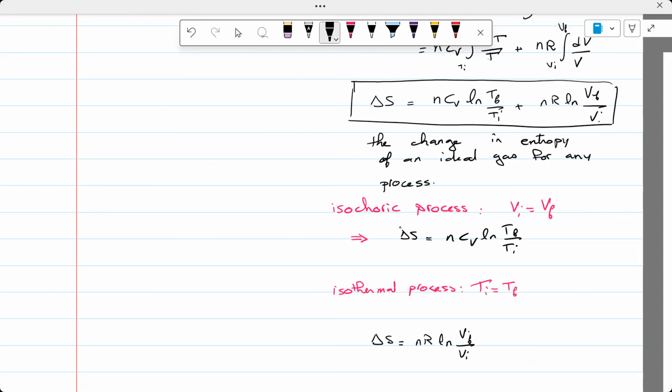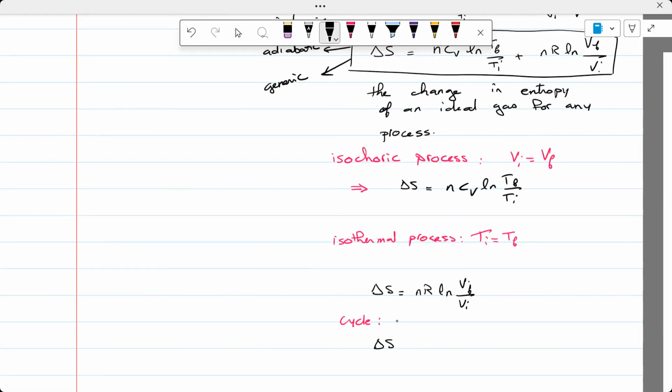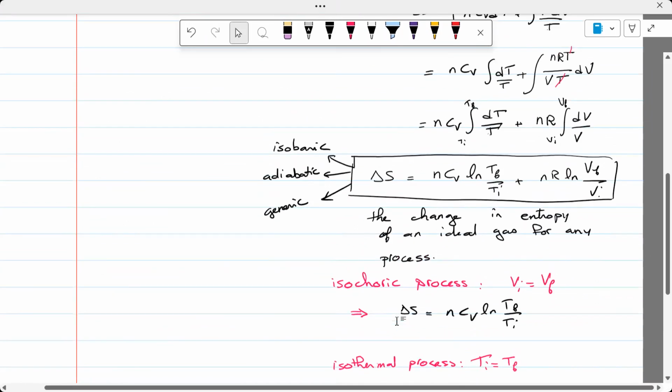Both terms will be there in the formula. So this can work for isobaric, adiabatic, and generic process. If I have a cyclic process, delta S is 0, right? Okay.